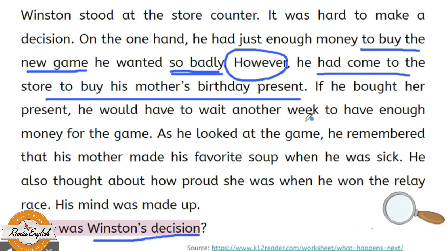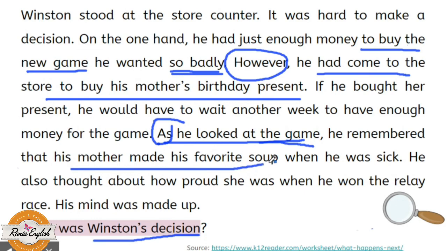So the decision was whether to buy himself a new game that he wanted so badly or to buy his mother a birthday present. As he looked at the game, which game? The game that he wanted so badly. He remembered that his mother made his favorite soup when he was sick.